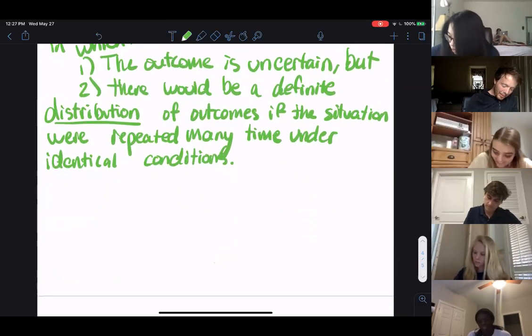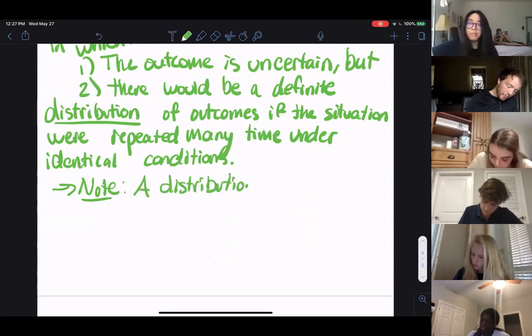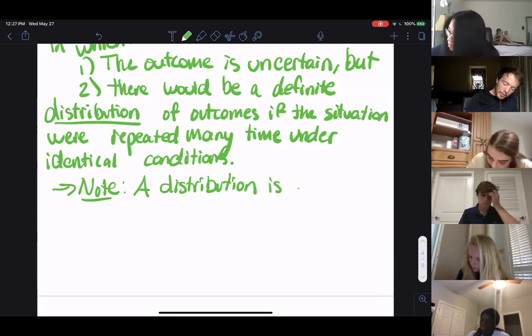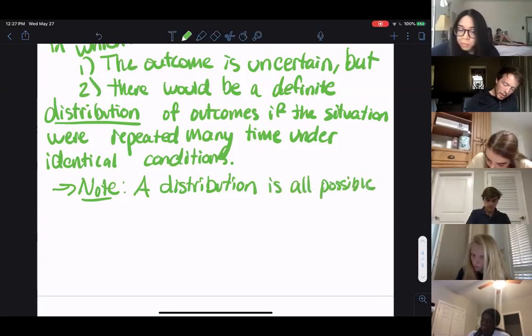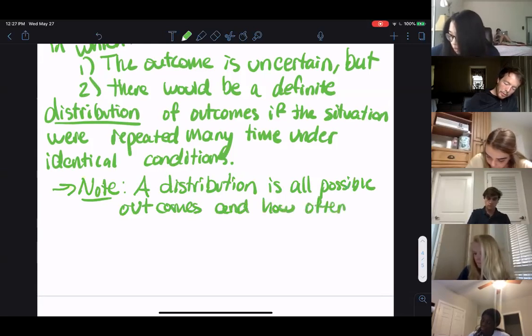So I'm gonna make a note. Recall a distribution is all possible outcomes and how often they occur.